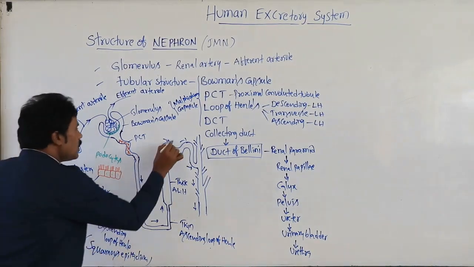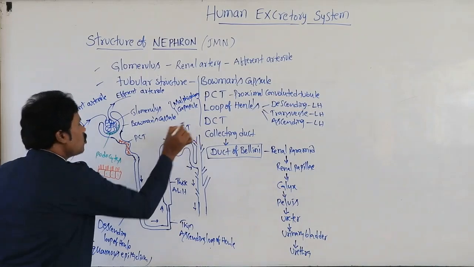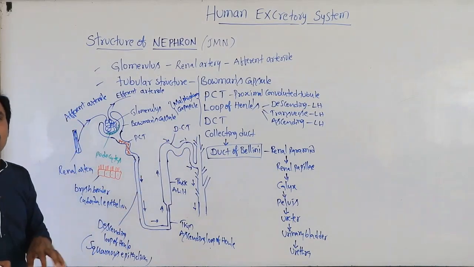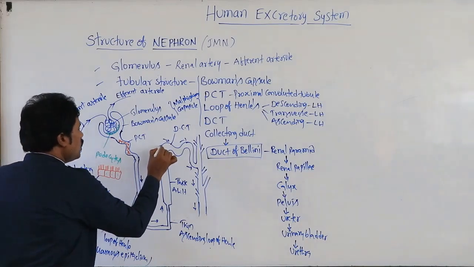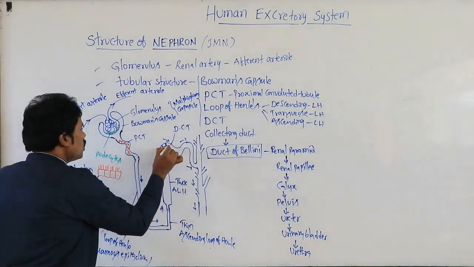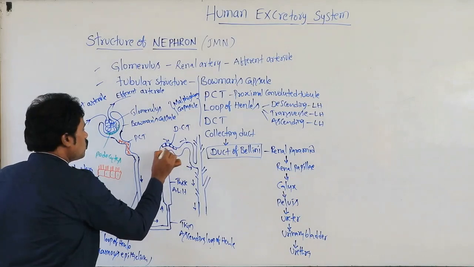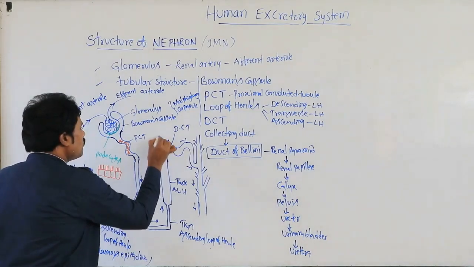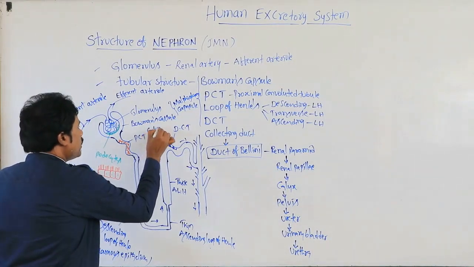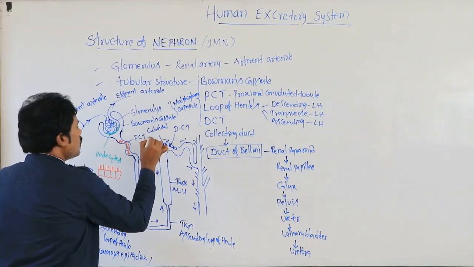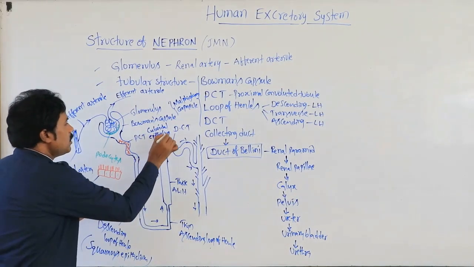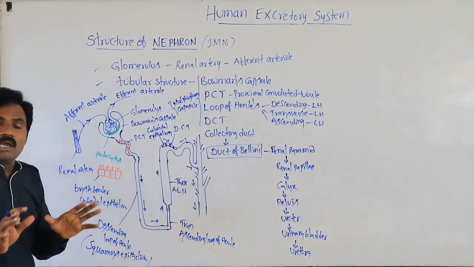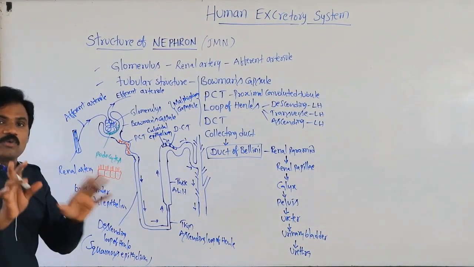Then the distal convoluted tubule is also lined inside with cuboidal epithelium, but without a brush border. Cuboidal epithelium with a complete absence of brush border, that is very important.